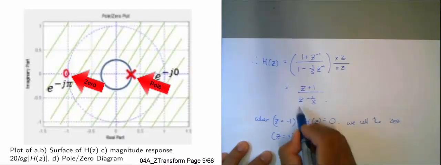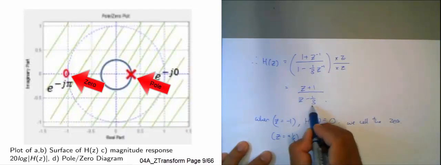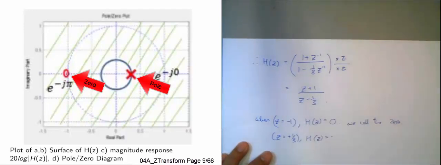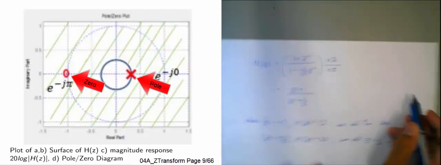I substitute 1/3 here, what will happen? 1/3 minus 1/3 is 0, and 0 is at the denominator, and it will make my H of z equal to infinity. We call z equals 1/3 a pole. And now I can draw the pole-zero diagram.